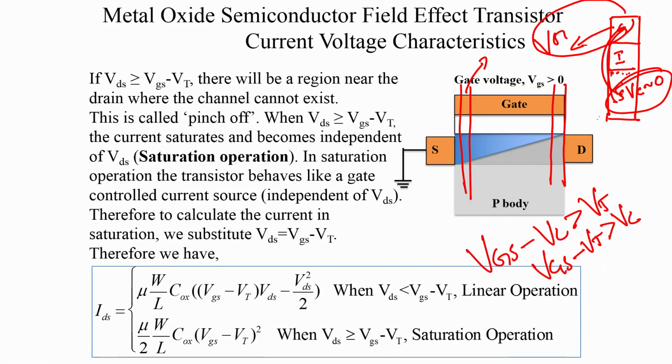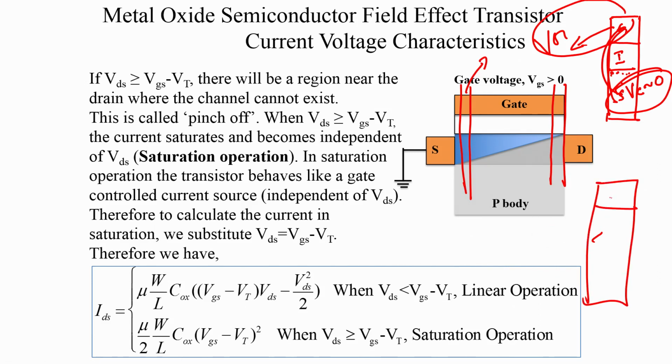But what happens if my channel potential becomes larger than VGS minus Vt? Let us take a situation where you have gate, insulator, semiconductor, but the channel potential is very large. Again, when can this happen? This can happen when the VDS is very large. The channel potential is very large, and now you look at the capacitor, you have Vg. What is the voltage difference between the gate and the semiconductor? It is Vg minus Vc.